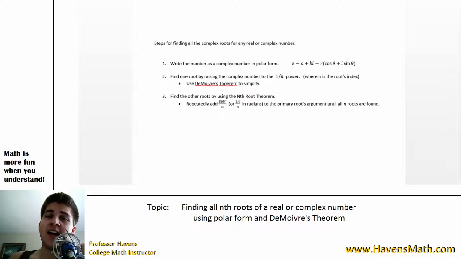After that is a simple extension of DeMoivre's theorem called the Nth Root Theorem, which essentially says that if you take that first result and repeatedly add either 2 pi over n or 360 over n, you will get the rest of them.